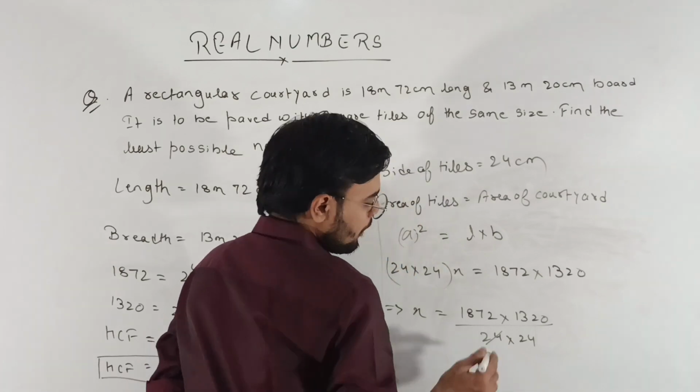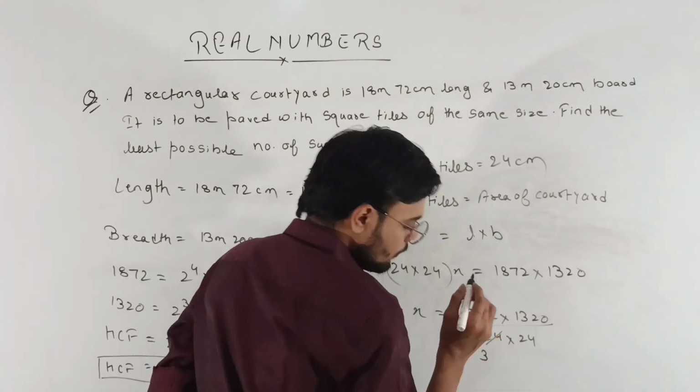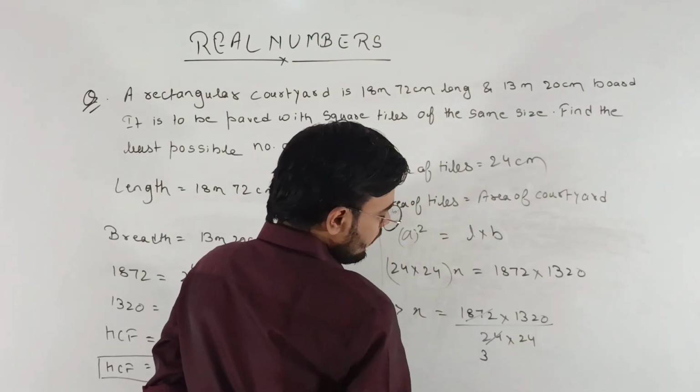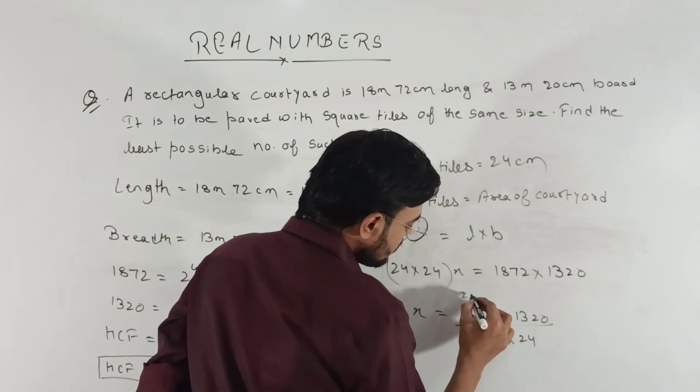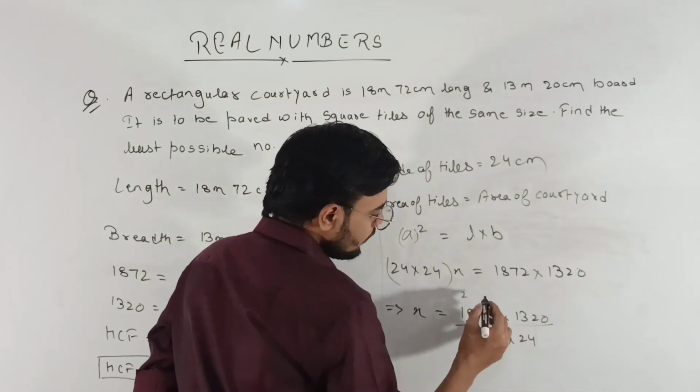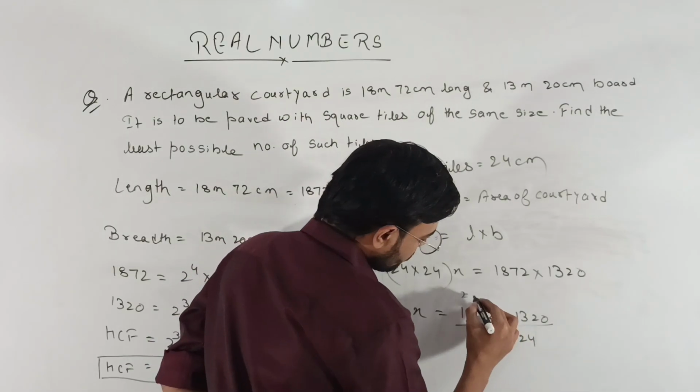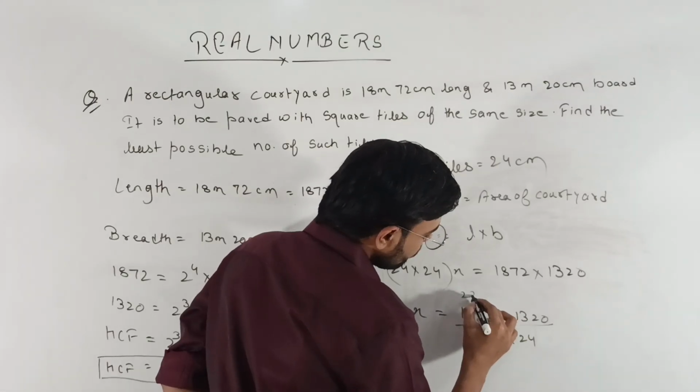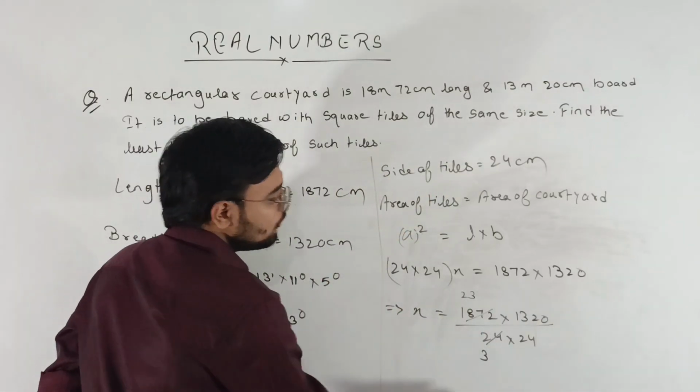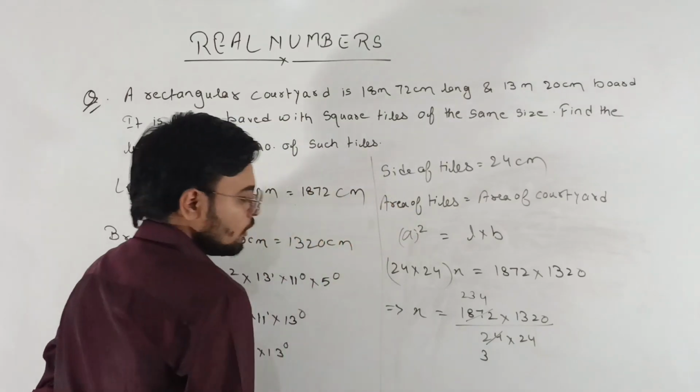This is cancelled by 8. 8 3s are 24, and this is also divided by 8. 1872 by 8 is 234.